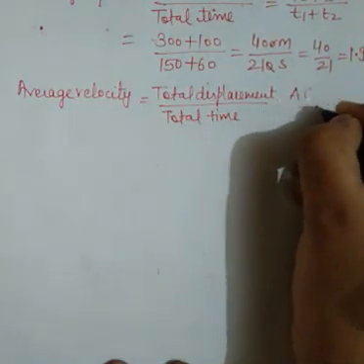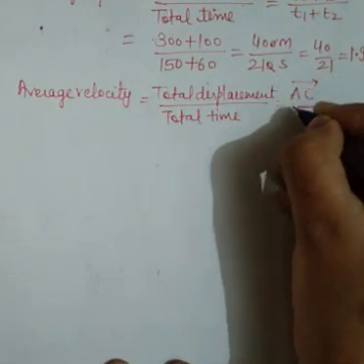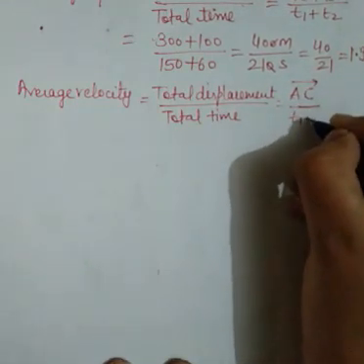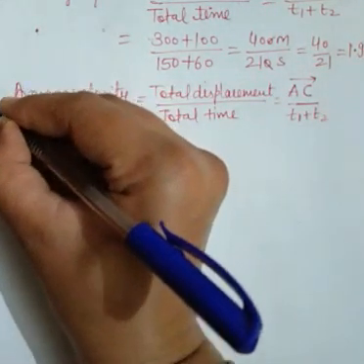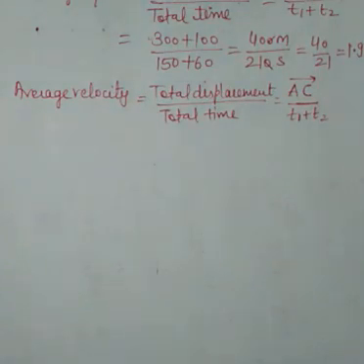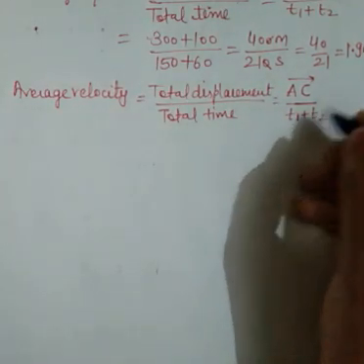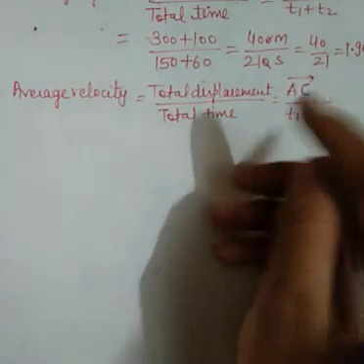So I am writing here AC. From A to C, displacement is a vector quantity and time taken is total time to reach C. So it is to be noted. I am marking a star here. Displacement means from initial to final position, from A to C, AC. And time is T1 plus T2.